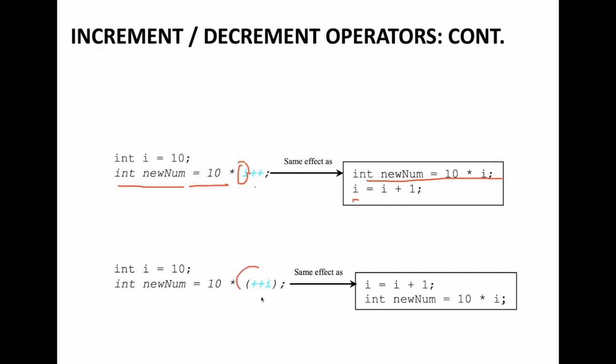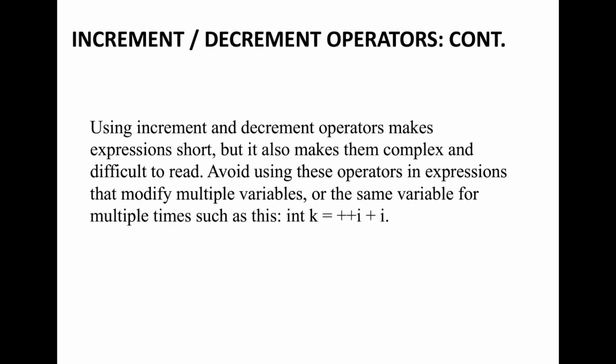On the other hand, if you have a prefix I, the effect is that you would increment I and then you would do 10 times I. So both of these examples will lead to very different results. Therefore, it is crucial that you understand the effect of postfix and prefix increment prior to using it. Here's one more caveat. Avoid using these unary operators for incrementing and decrementing your values in complex expressions, such as this.